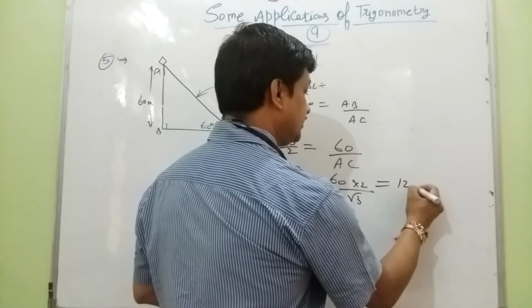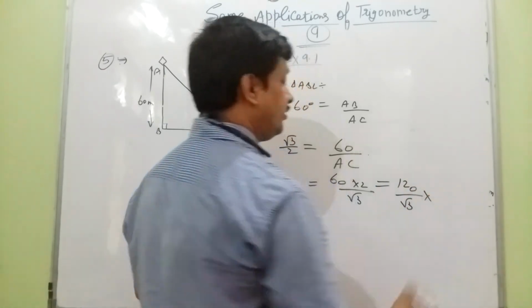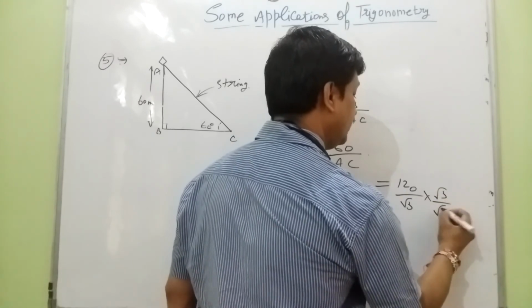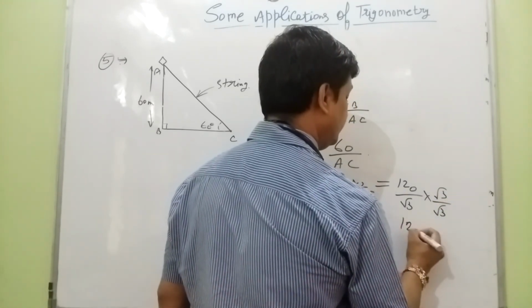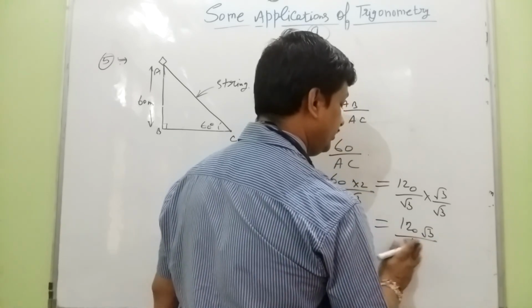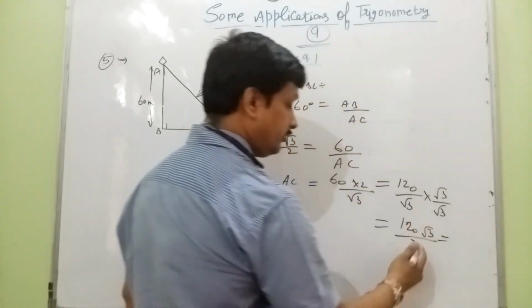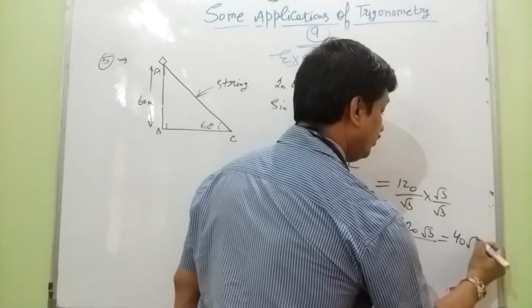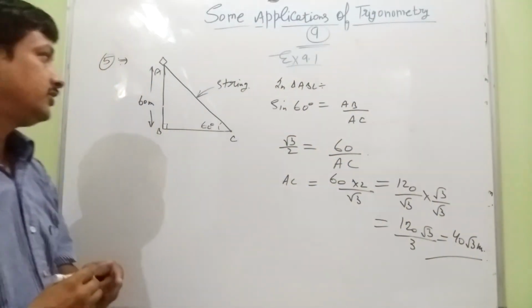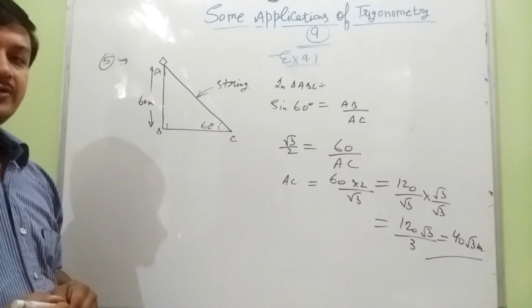So you can rationalize, and for rationalization just multiply the numerator and denominator by root 3. So it will be 3 in the denominator and you get 120. So 120 by 3 will give you 40 root 3. So this is the length of this string of the kite.